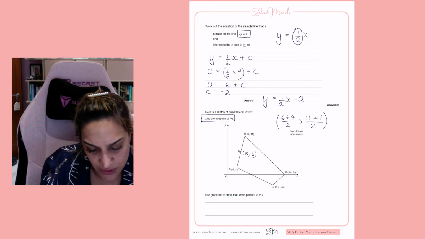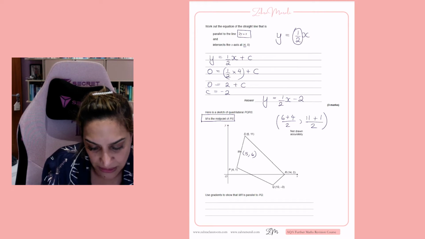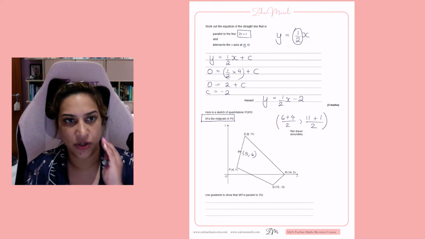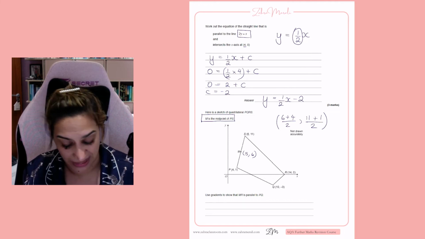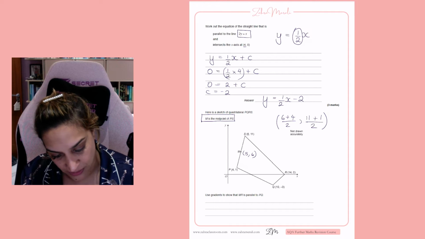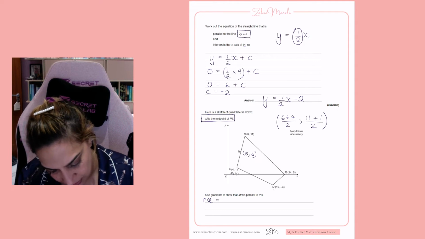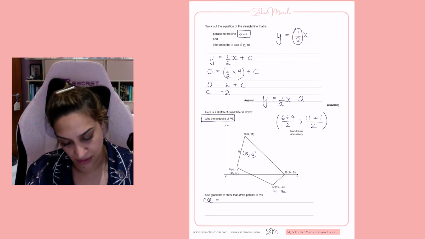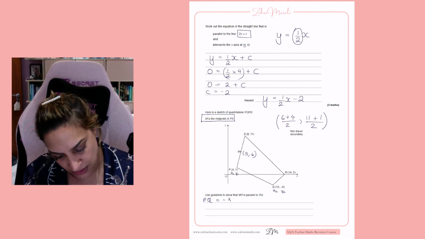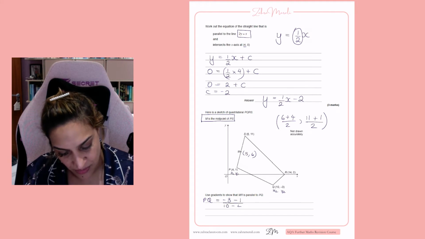We want to use the gradients to show that MR is parallel to PQ. So we're going to find the gradient for each bit. Let's do PQ first. If I do x1, y1, x2, y2, and take away, we're going to do minus 3 minus 1 over 10 minus 4.